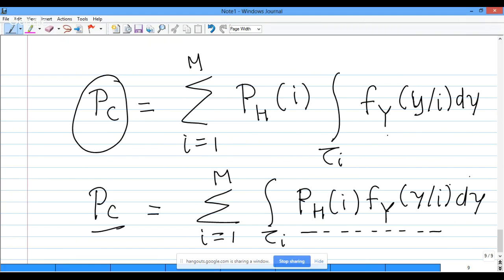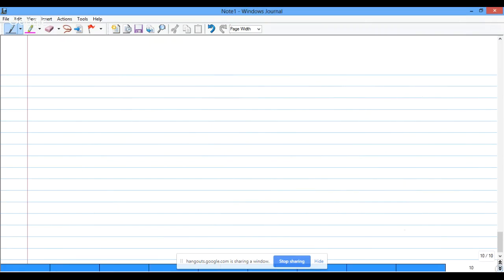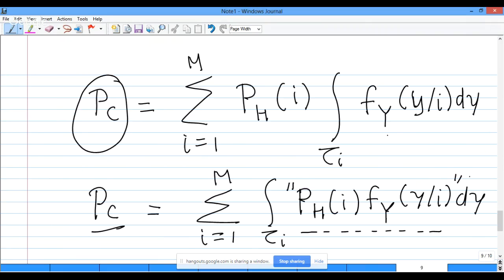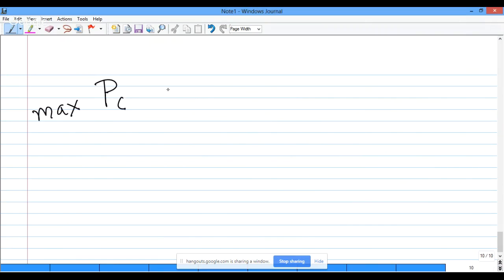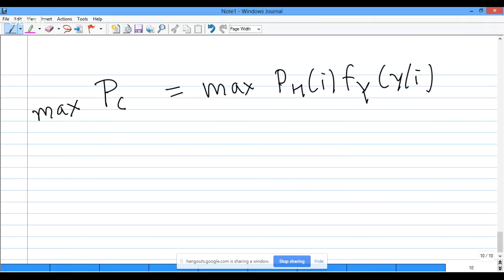And what is this quantity? It is nothing but the posterior probability. So the rule is, if I want to maximize the probability of being correct, it is maximized when this quantity is maximized, that is, when you choose a hypothesis i for which this quantity is maximum. And so this is the MAP rule that we have seen in one of the lectures.